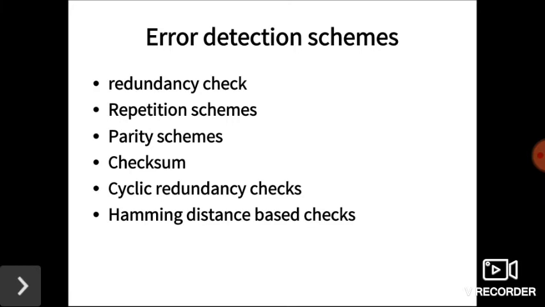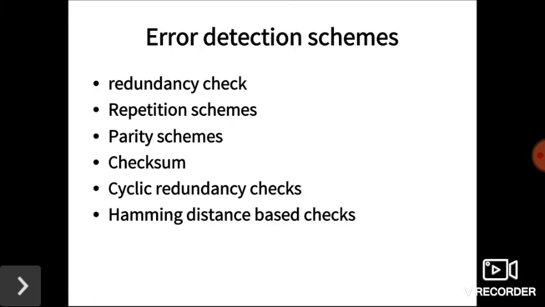Most codes are systematic: the transmitter sends a fixed number of original data bits followed by a fixed number of check bits, which are derived from the data by some deterministic algorithm. The receiver applies the same algorithm to the received data bits and compares its output to the received check bits.